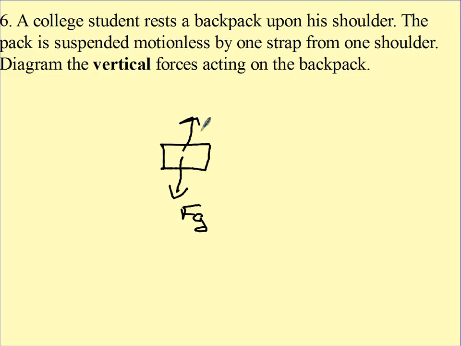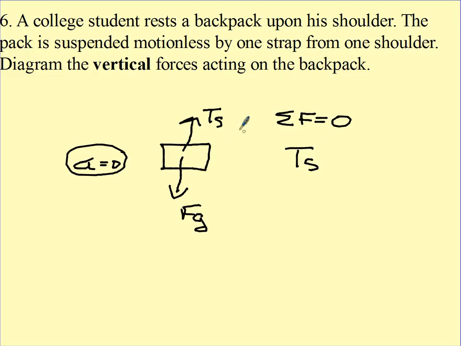So this is going to be the tension in the strap. What does Newton's law say? Sum of the forces equals ma, but it is resting, so the sum of the forces is 0 because my acceleration is 0. So I have the tension in the strap pointing up minus Fg equals 0.